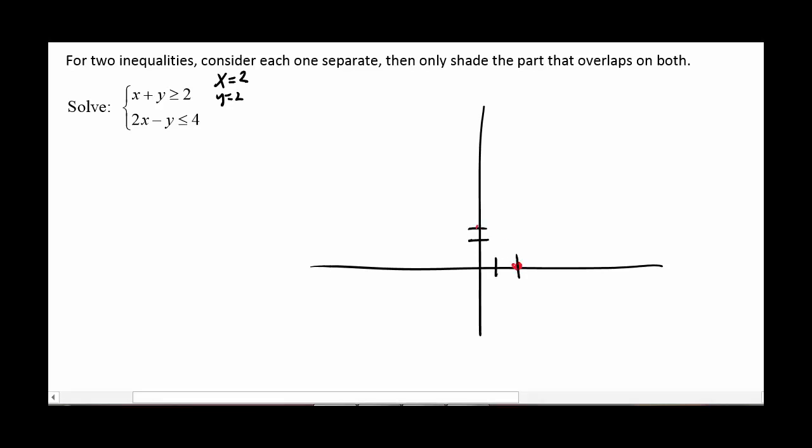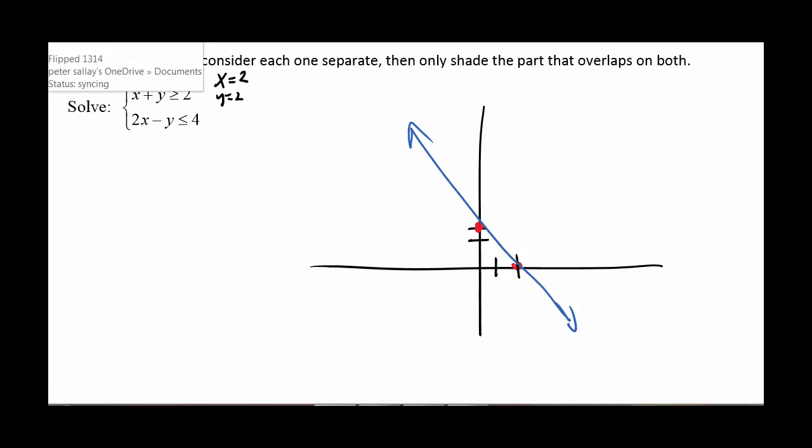And so we'll come over here and put some points. And since it's greater than or equal to, that means it's going to be a solid line between those two ordered pairs. And I'm going to do a quick test point to see whether I'm going to shade above or below. And it turns out 0, 0 is a good option for that one.